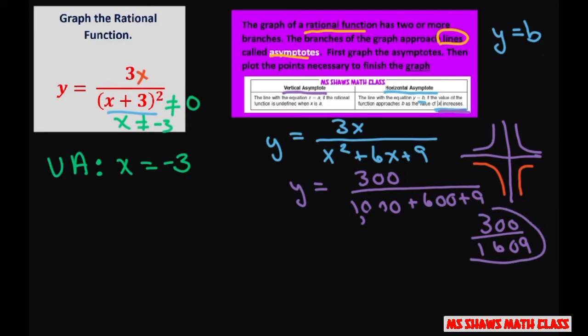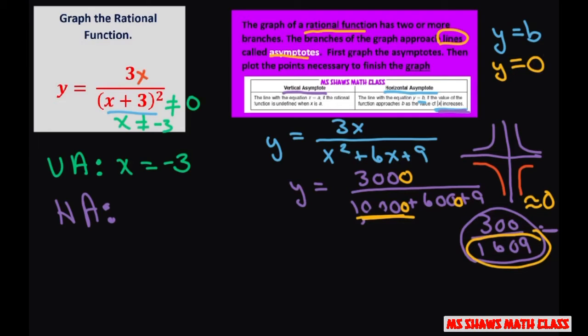Now, this number is in the decimals. If you plug in an even larger number, if you keep adding zeros, you can see the denominator is going to get really large because you're squaring the number. And it's going to get closer and closer to 0. So this approximate value is 0, and that's what they're looking for, y equals 0. That's your horizontal asymptote.